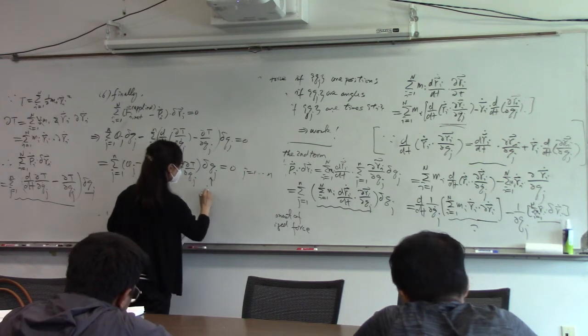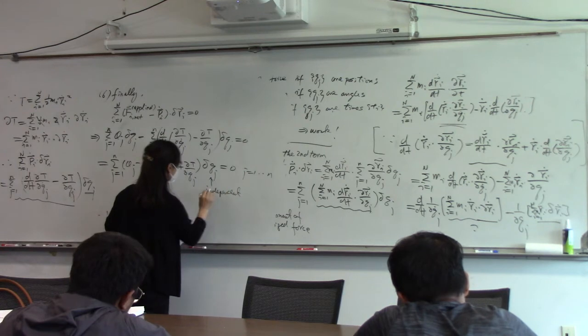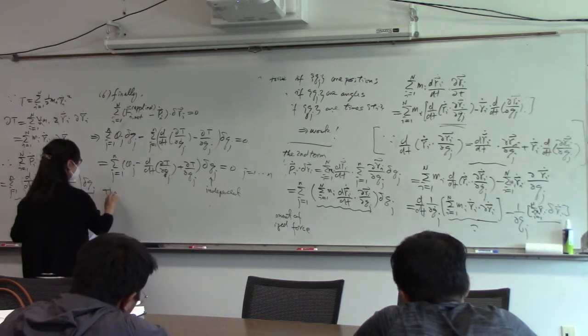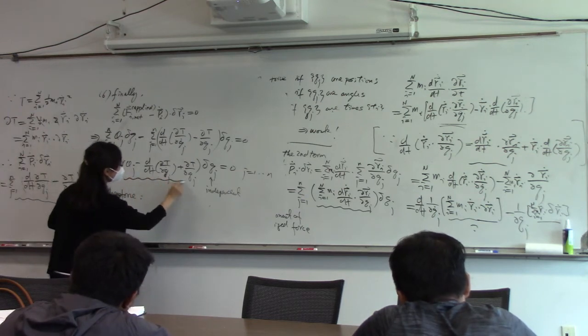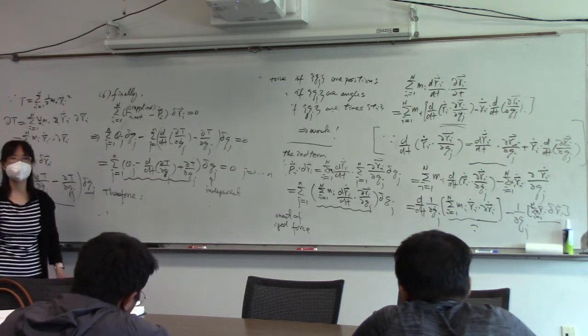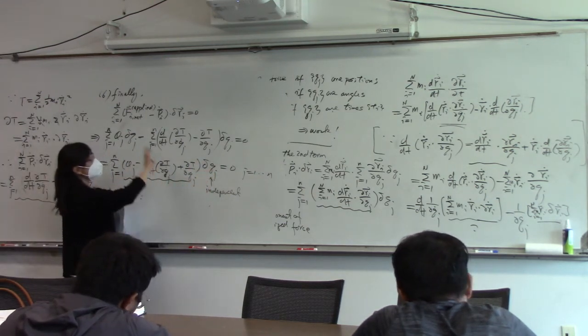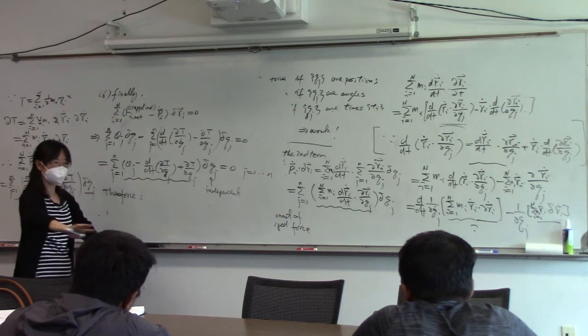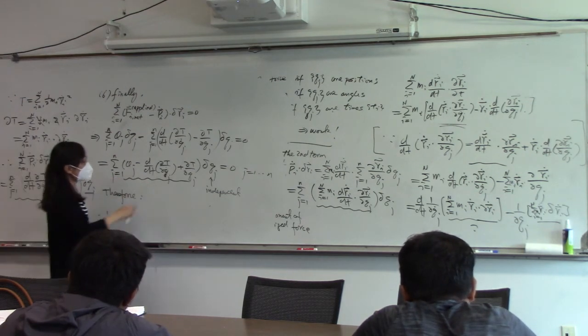Since these are independent, we can immediately get this. Therefore, this coefficient should be 0, right? Since these are independent and the sum over all of them together equals 0, in any case, without any special condition, it equals 0.